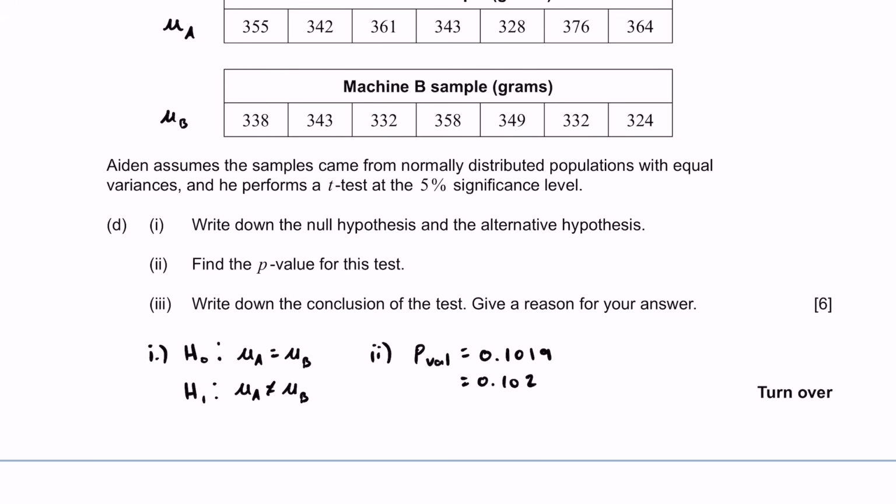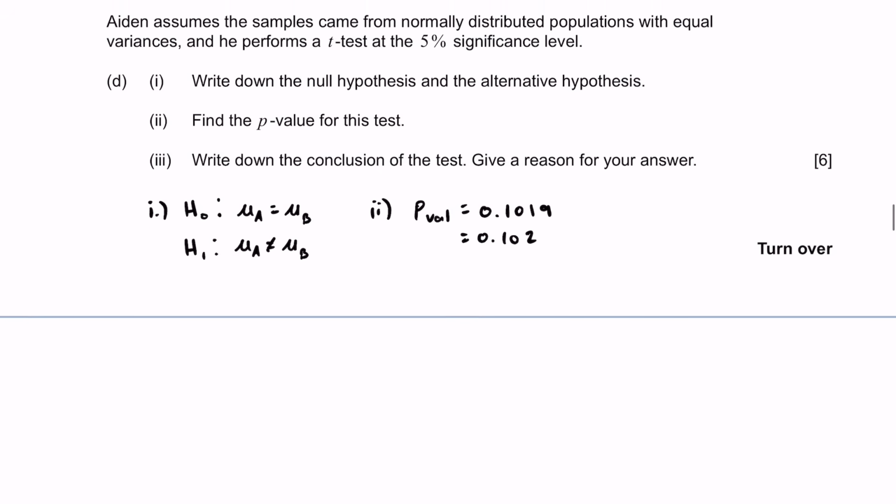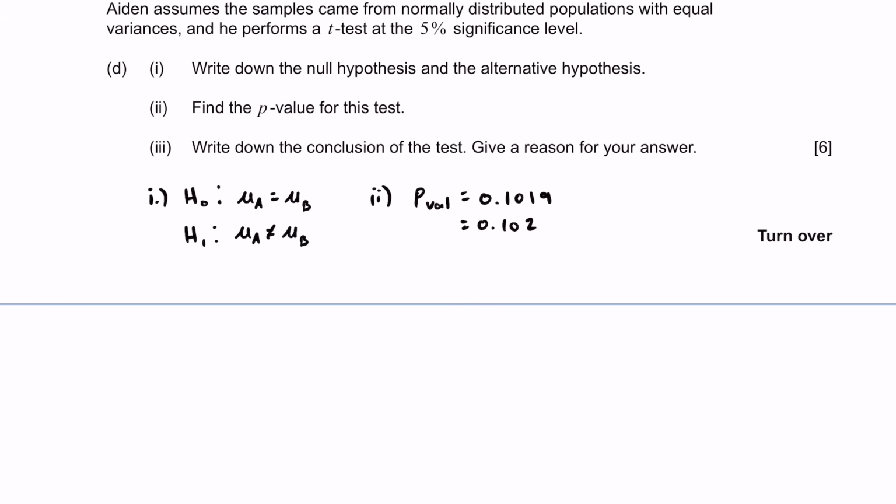Part 3, write down the conclusion of the test, give a reason for your answer. Okay. So, actually just use the space down here. So conclusion of your test. For this, we can pair p-value and p-crit, or the significance level.